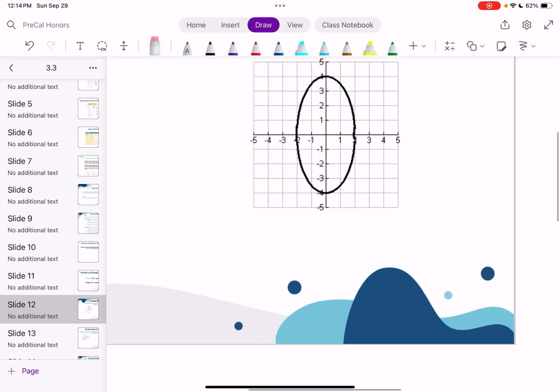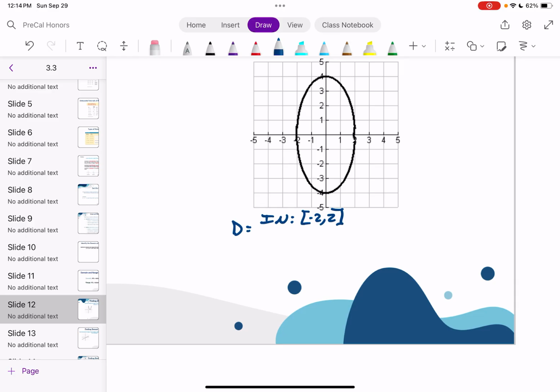What I would suggest, try to work on this one on your own and try to complete it. So let's go over this problem together. We'll start off with the domain. Our domain in interval notation would be from -2 to +2.